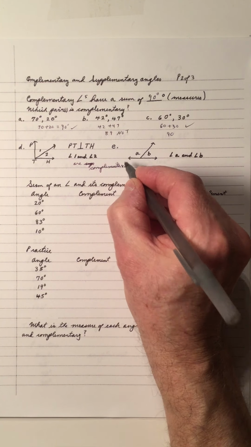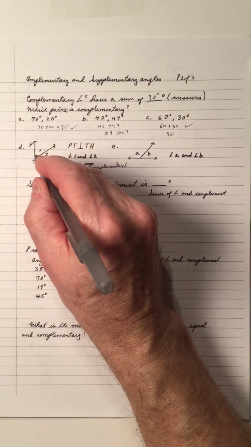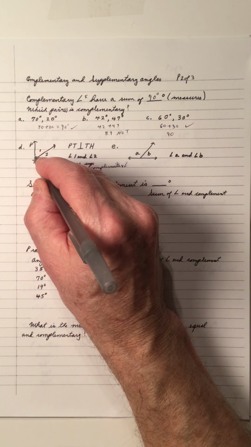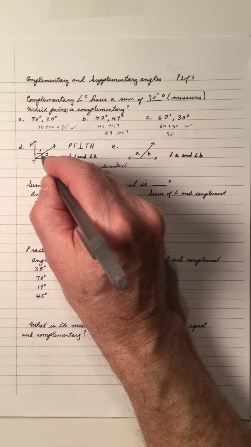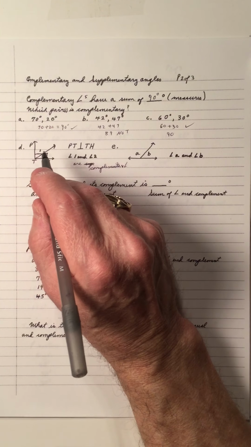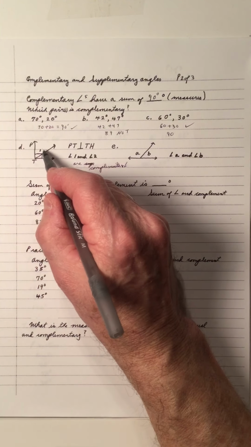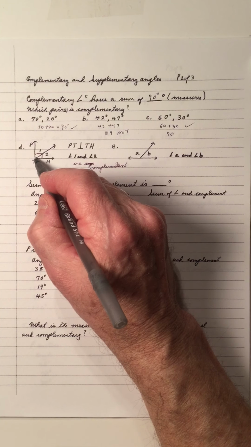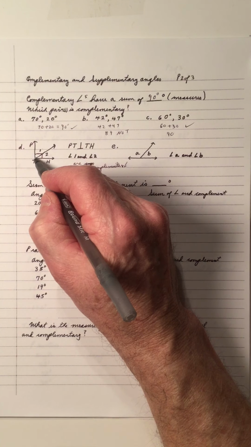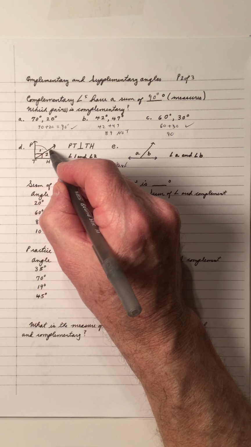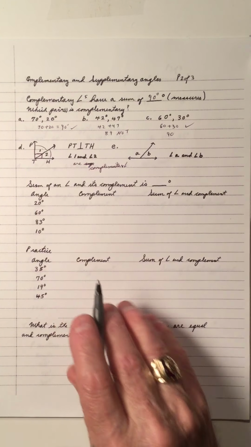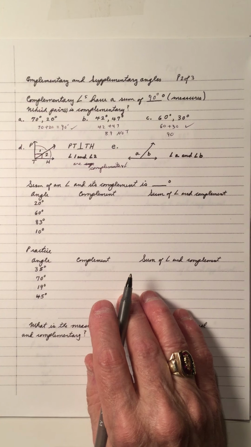They're complementary angles because these two lines are perpendicular, so that's a right angle right there. Anytime you have perpendicular lines, notice that these two angles are adjacent. They have a common ray, a common vertex, and there's no overlapping. Angle 1 is right there, angle 2 is there. So perpendicular lines have complementary angles.